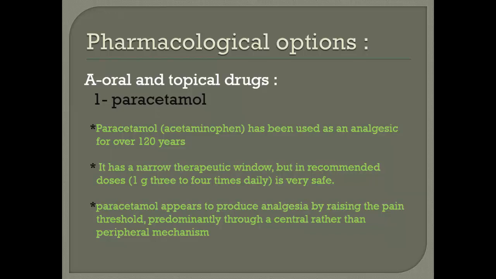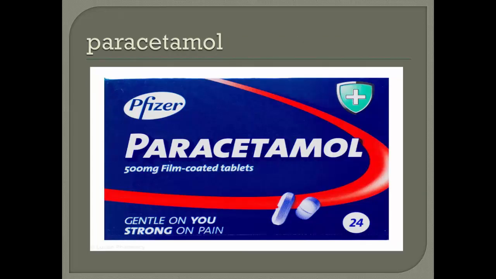This may help reduce the side effects from these other medicines. Paracetamol has a narrow therapeutic window, but in recommended doses, 1 gram 3 to 4 times daily is very safe. Paracetamol appears to reduce analgesia by raising the pain threshold predominantly through a central rather than peripheral mechanism.